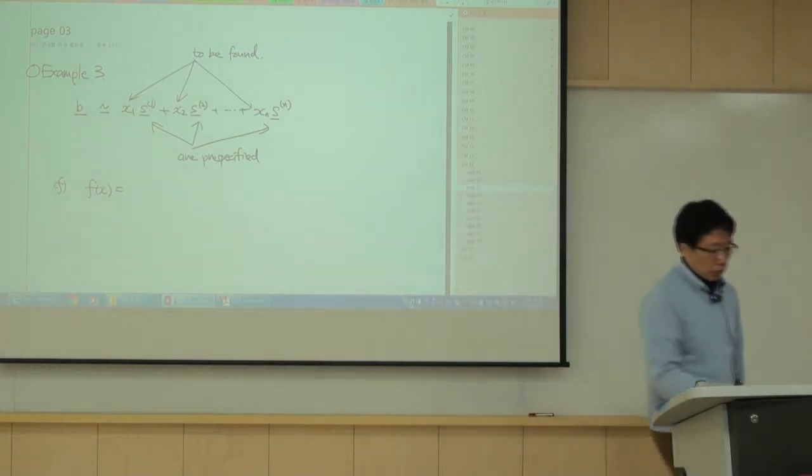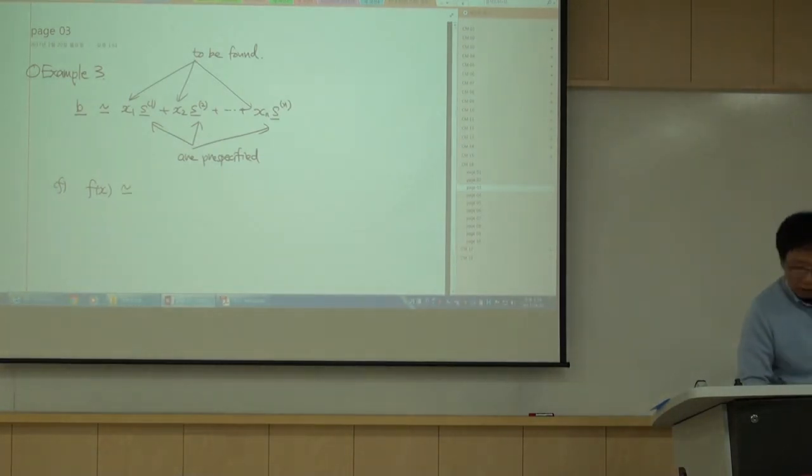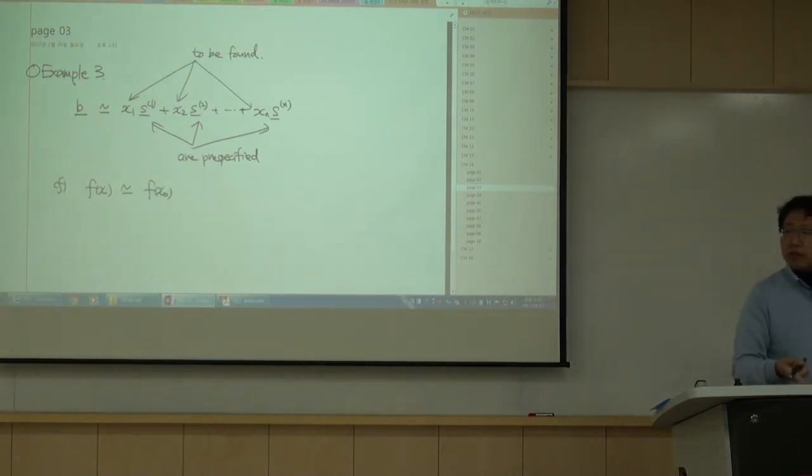Then what do you do? Assuming it's differentiable 3 times, and also you approximate around x equals x0, then you have something like this.